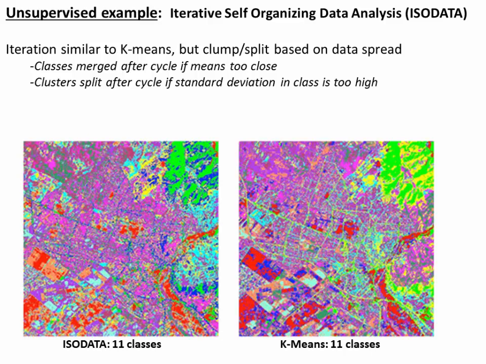So start with some number of classes, and then after each cycle you would assess the means, and if the means are too close together, then those two classes might be merged and a new class might be defined somewhere else. But likewise, if a class has too large of a standard deviation, if the points within that class are spread too high, that class would then be split into two separate classes and the iteration repeated.